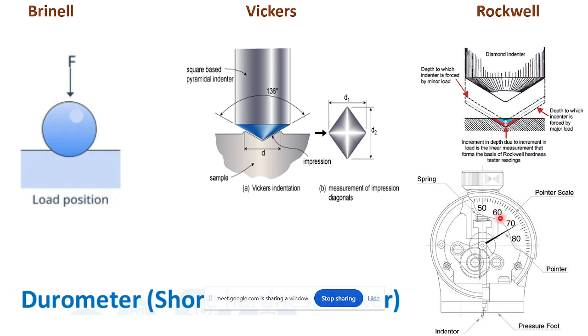And hardness is very important because it will affect the abrasion property also. It will affect your dynamic property also. So you need to perform hardness test for any rubbery type of material at a very preliminary level, but it is very important.